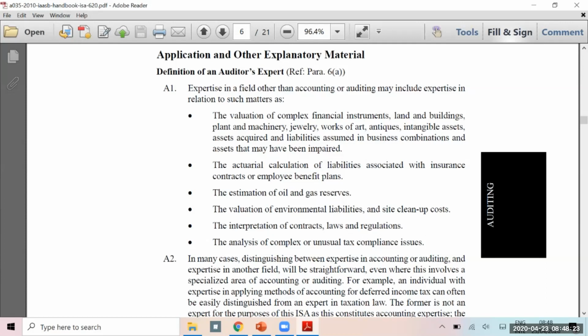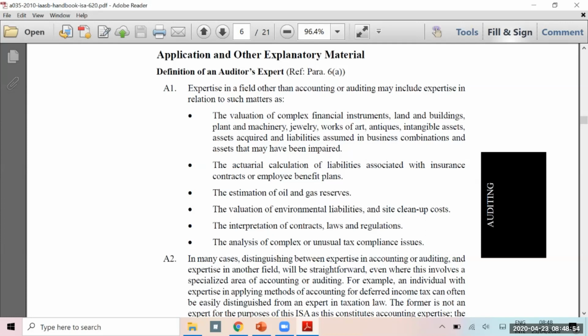Also, in point number 2, the actual calculation, you may require the work of an actuary. Estimation of oil and gas reserves: if your client is involved in mining, don't forget one of the key inventory items is the potential oil under the ground.